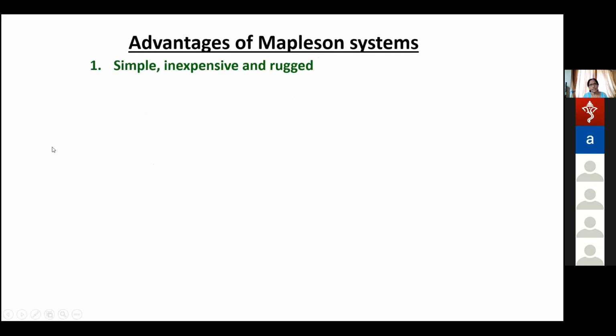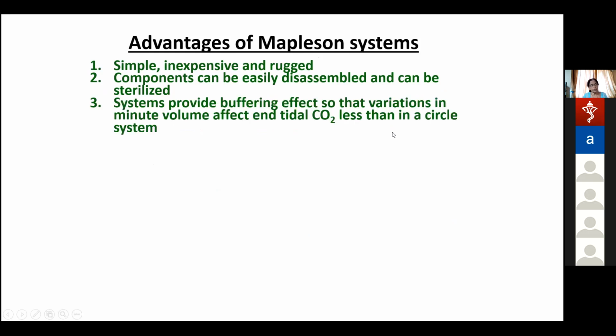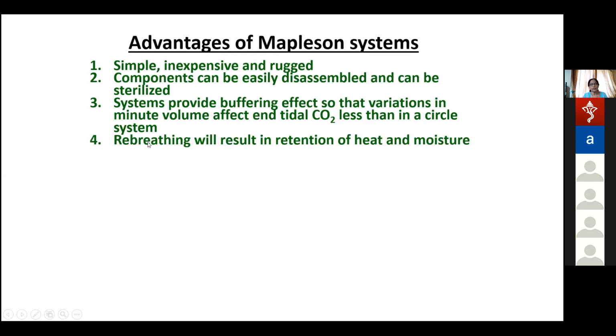Okay, what are the advantages? Simple and inexpensive. Components can be easily disassembled and reassembled, and can be sterilized. The system provides a buffering effect so that variations in minute volume affect end-tidal CO2 less than in a circle system. Rebreathing will result in retention of heat and moisture.